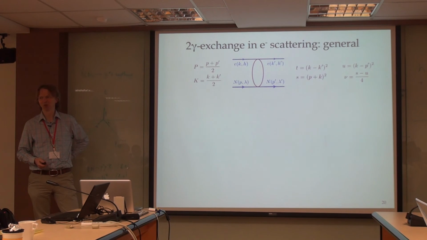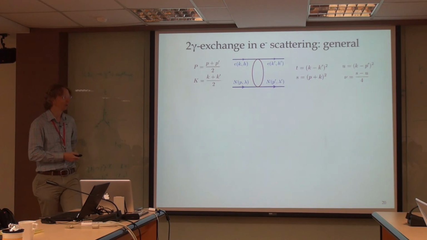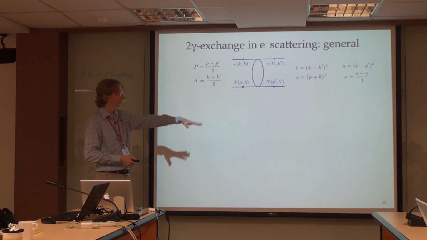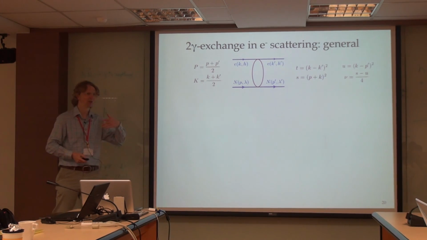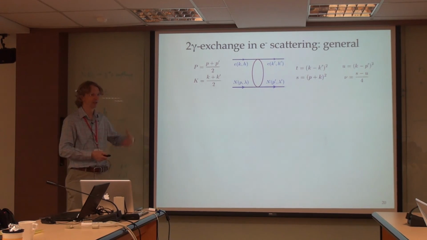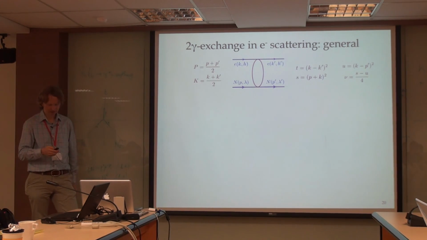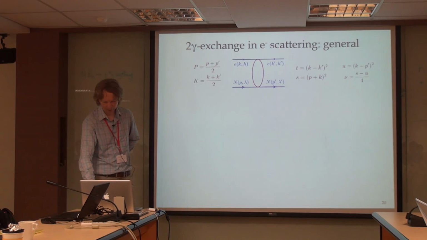Helicity is conserved. So when you have an ultra-relativistic particle, the helicity of the final state is equal to the initial state. Which means that these helicity flip processes are basically suppressed. They are proportional to the mass of the electron relative to, let's say, q squared, the momentum transfer. So you can neglect them for ultra-relativistic electrons. So there will be, in the end, 3 independent amplitudes.